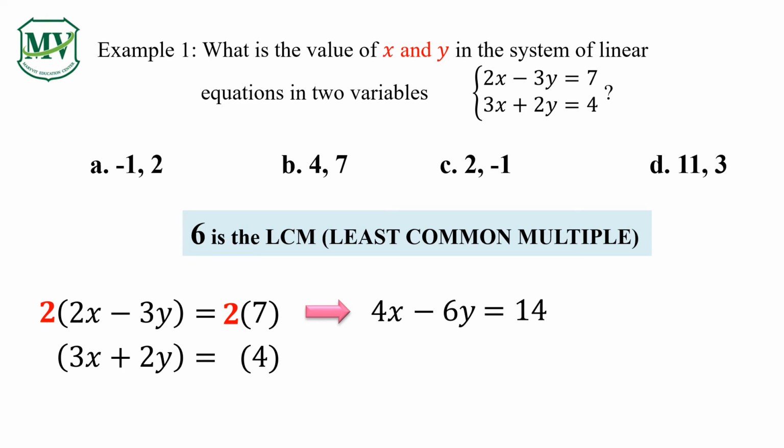In equation number 2, the coefficient of y is positive 2. What number can we multiply to positive 2 to make it positive 6? We can multiply it to positive 3.